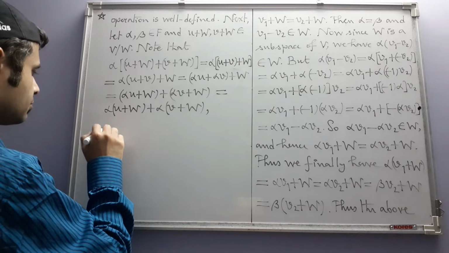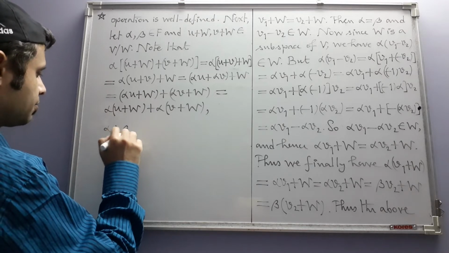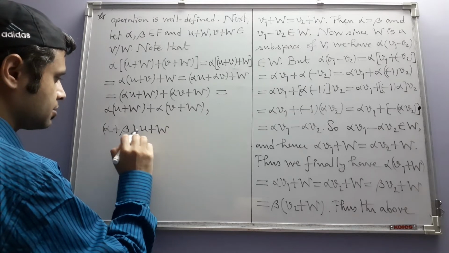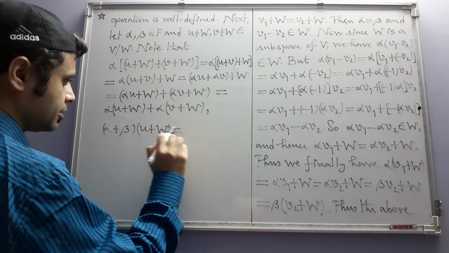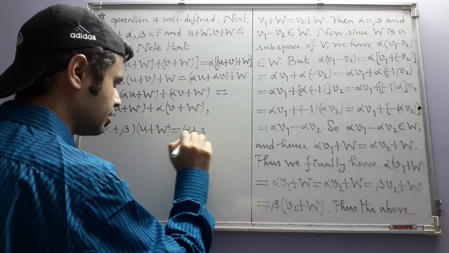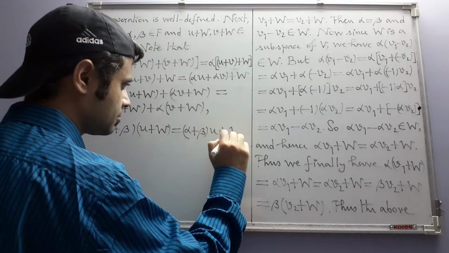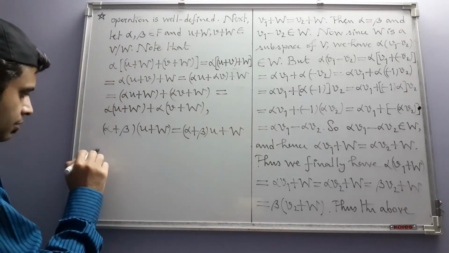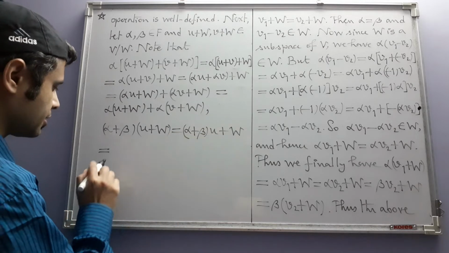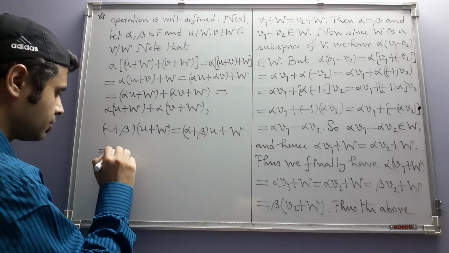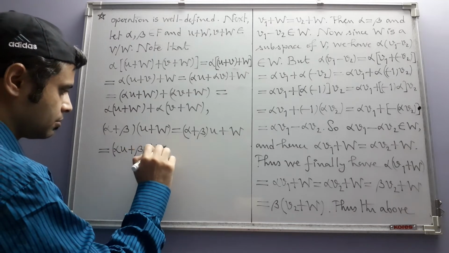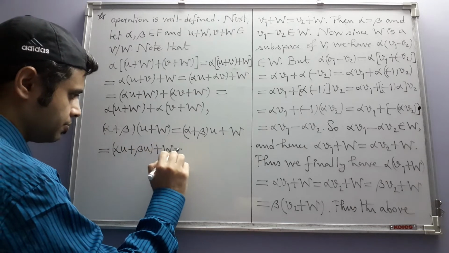Then alpha plus beta times u plus w. So by the definition of multiplication by a scalar, this is alpha plus beta times u plus w, and this is equal to, here you use the usual vector space axiom, the second one I think, alpha u plus beta u plus w.